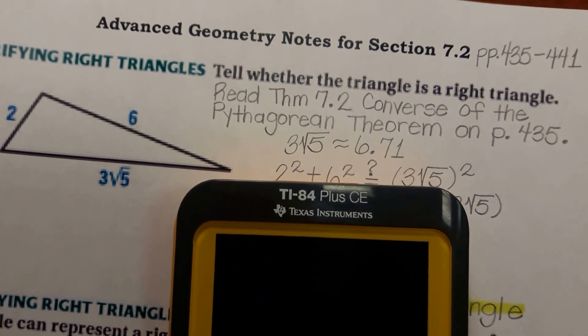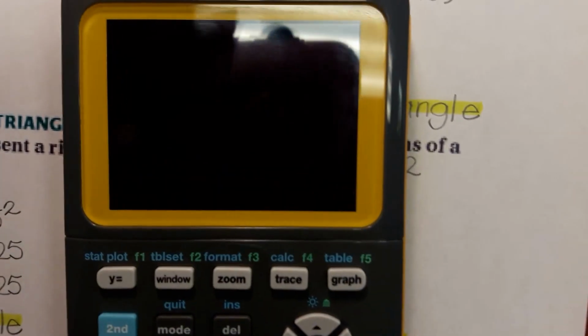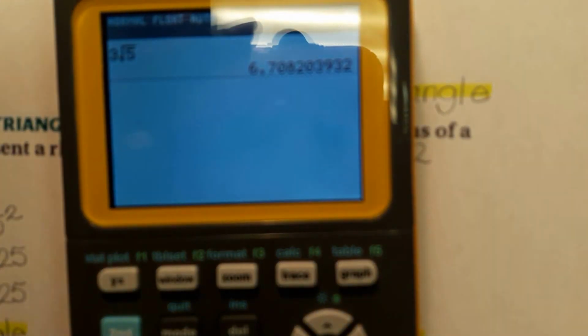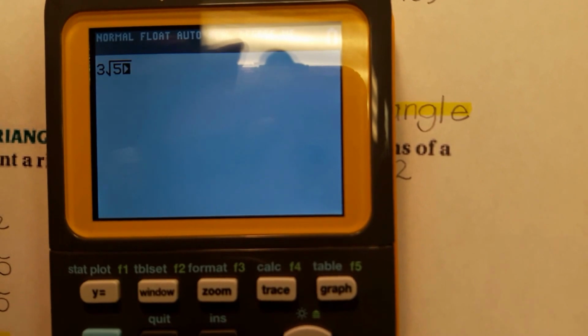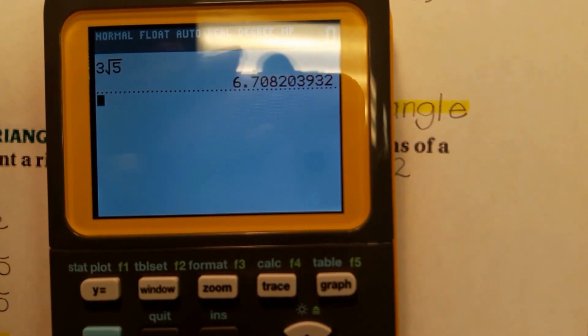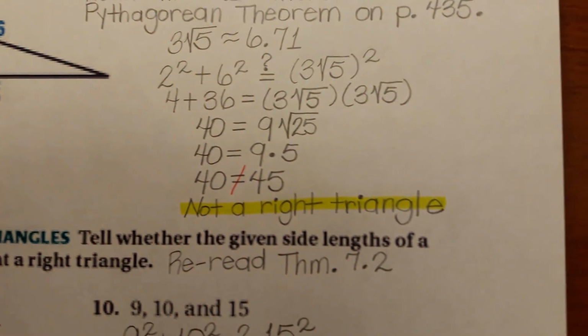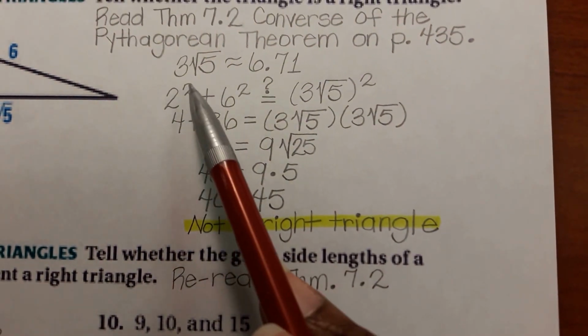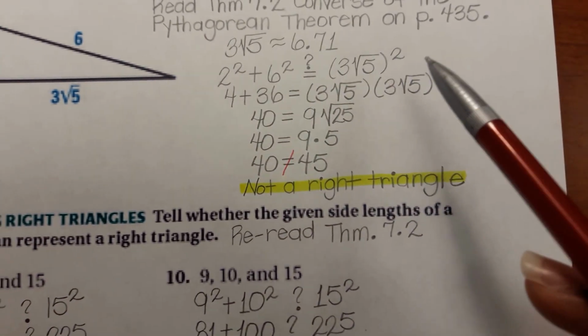So on the calculator, I want to type in 3, second x squared 5, enter, and it gives me 6.71 rounded. So I know that 3 square root 5 is approximately equal to 6.71.